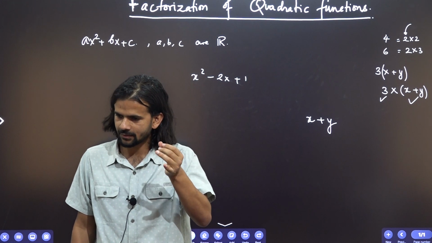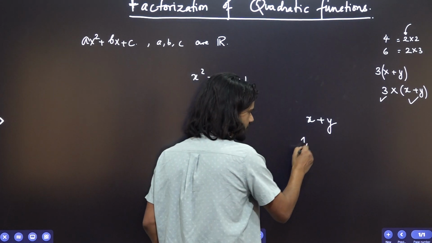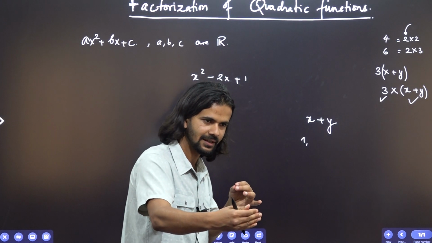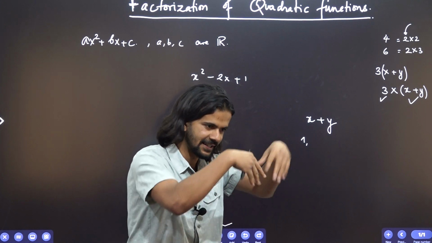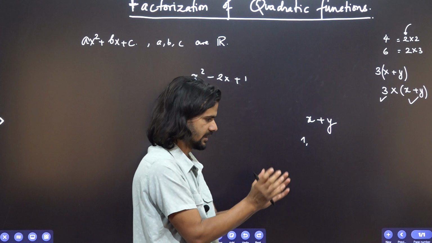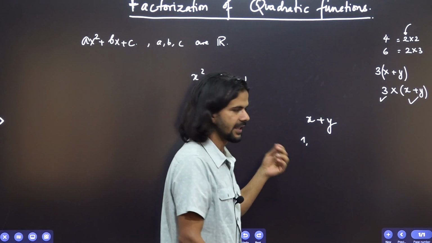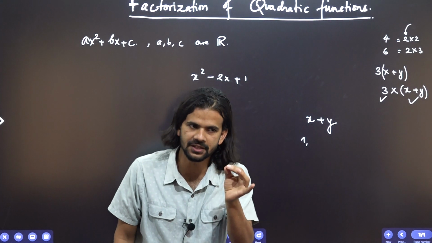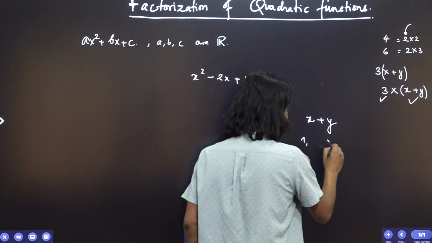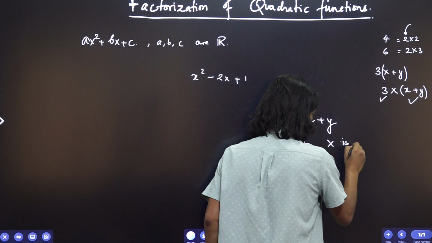Can you multiply? Okay, 1. 1 is a factor because 1 times x plus y becomes one thing, right? It's one expression. xy. Is x a factor of this one? Is it a factor? No.